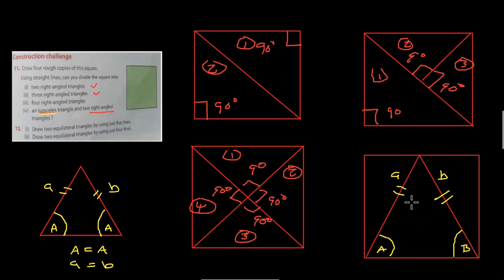So A is equal to B, and the angle A is equal to the angle B.